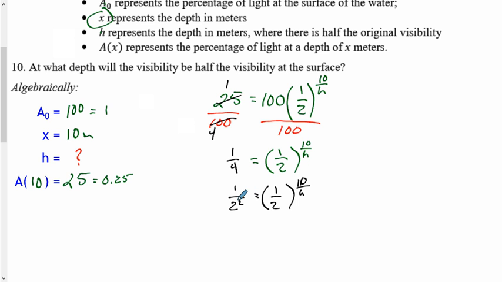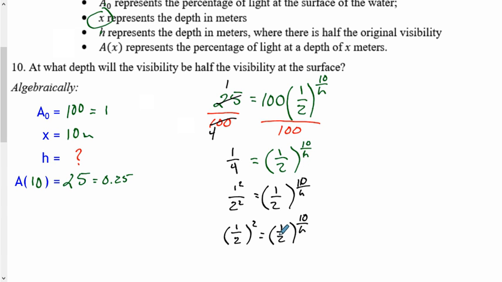So notice I have a base of a half here. Here I don't have a base of a half yet. But what we did with some previous questions was if I have a 1 in the numerator, I could think of this as being a 1 squared. So as long as both of these are squared, this on the left is the same as 1/2 squared, which is equal to 1/2 to the exponent 10 over h.